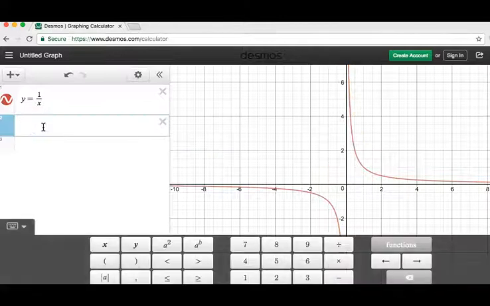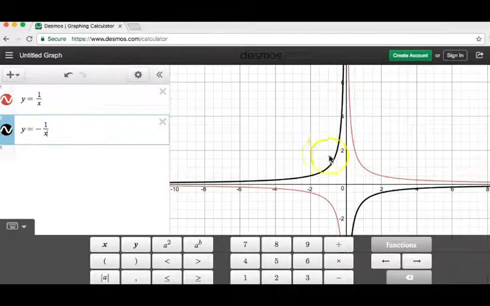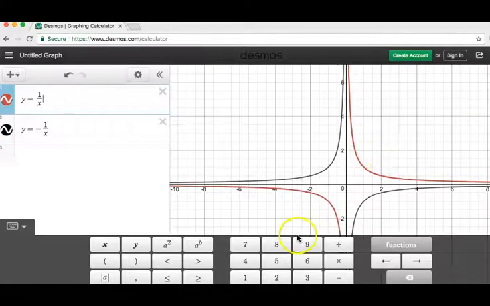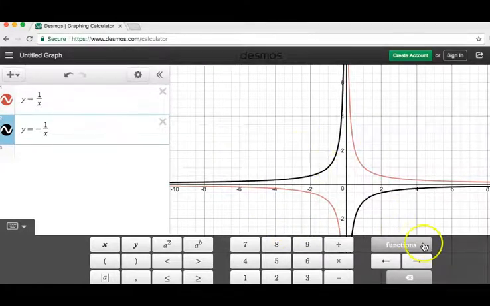We've also got the negative hyperbola, y equals negative 1 over x. So y equals 1 on x is in quadrants 1 and 3. y equals negative 1 on x is in quadrants 2 and 4. Okay, still an odd function, point symmetry.